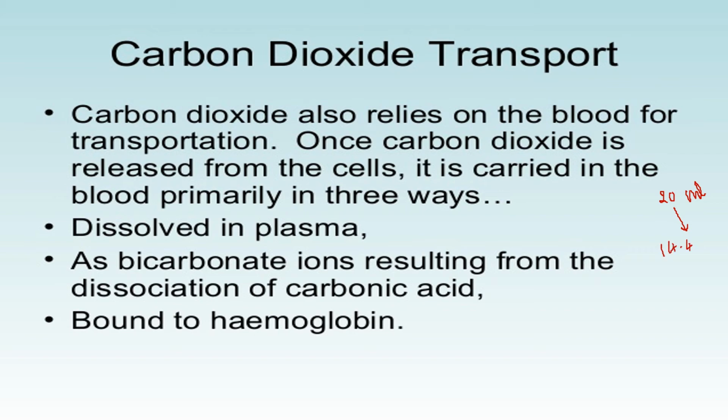This is the amount of oxygen still remaining in the blood. How much oxygen is transferred to cells or tissues is the difference between the arterial oxygen concentration and the venous concentration, that is 20 minus 15.4, approximately 5 ml. This is the amount of oxygen transported to cells or tissues.